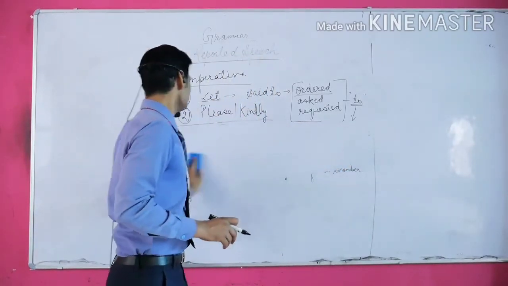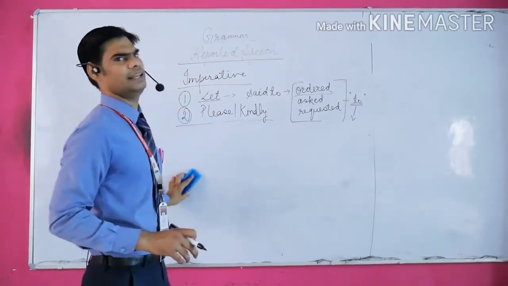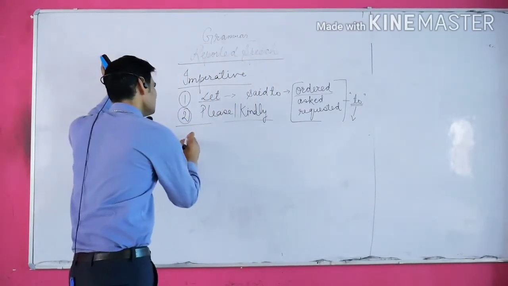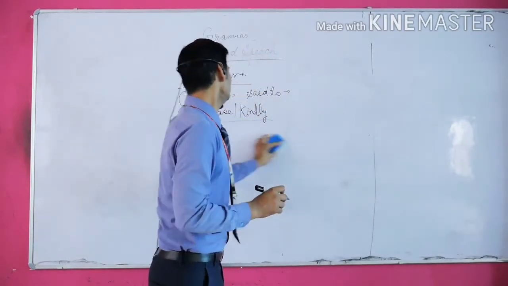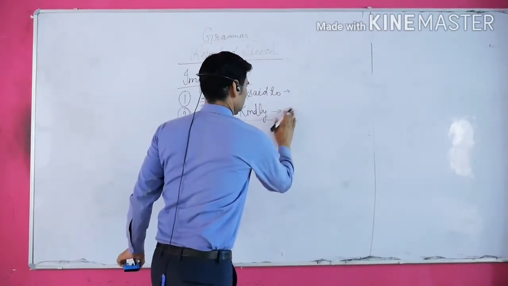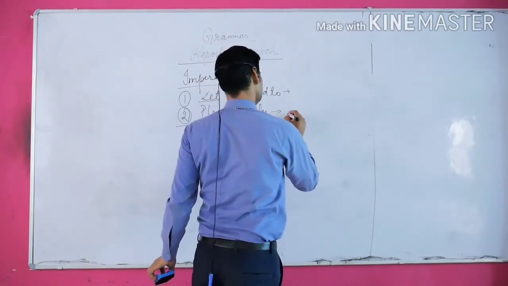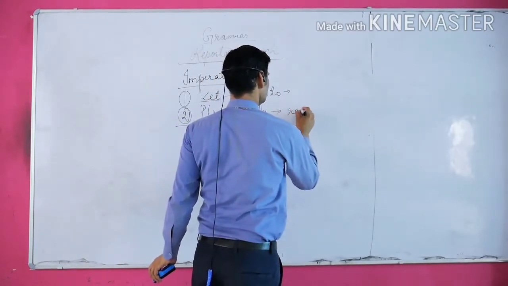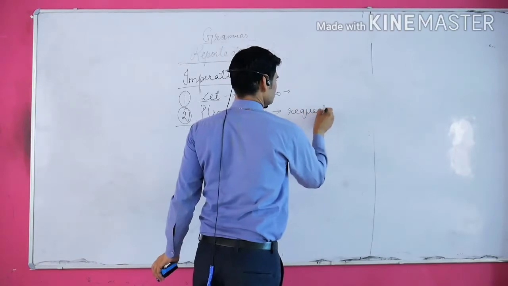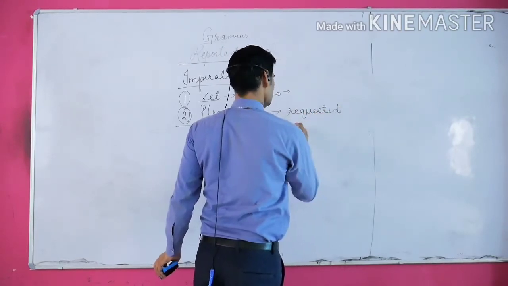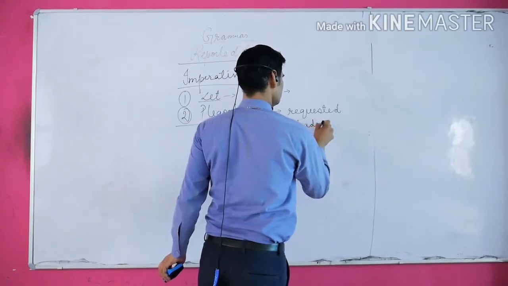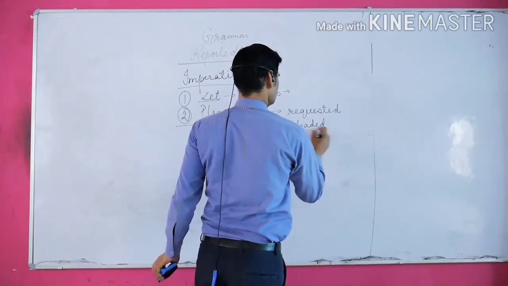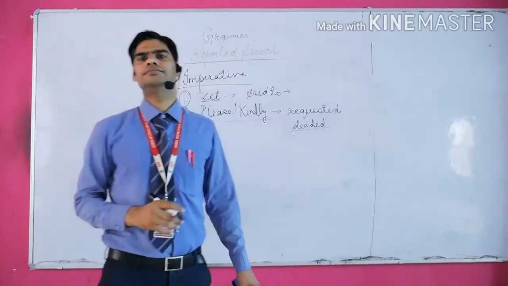We will give you an example of please and kindly. If we have please and kindly, we will have these moods: requested, pleaded. What do you mean by pleaded?